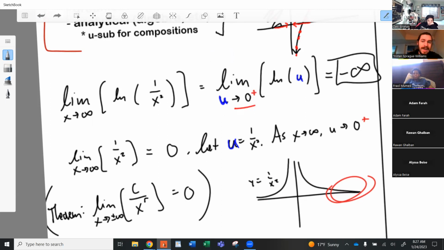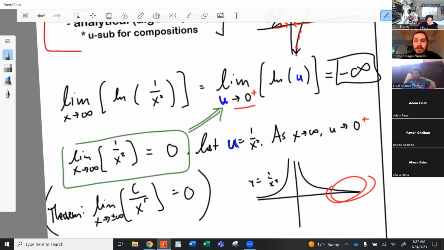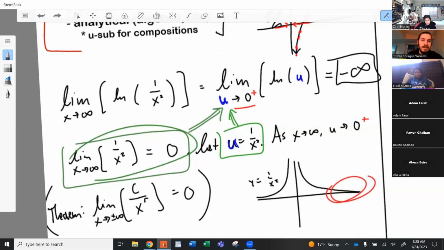This came from here, and it also comes from this definition. So if you decide u equals 1 over x squared, you figure out the limit of 1 over x squared as x approaches infinity. That tells you what u should be approaching. It doesn't just come out of nowhere. It's determined by this limit that you solve.